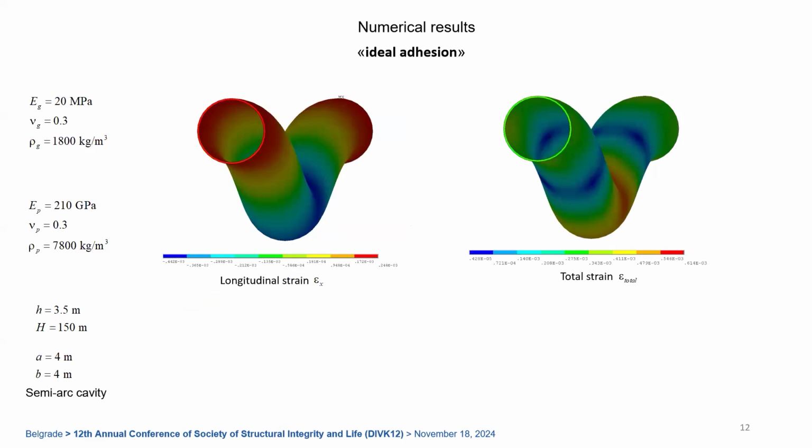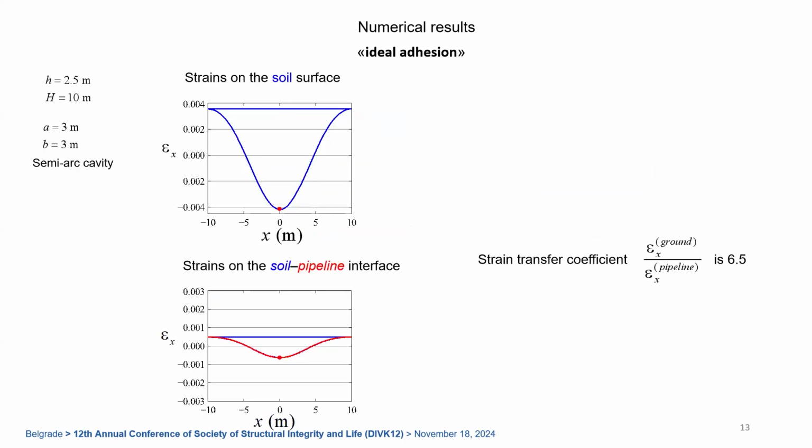On this slide, you can see original field of longitudinal strain in pipeline. Strain transfer coefficient is the ratio of maximum longitudinal strains on the soil surface and maximum strain of pipeline.